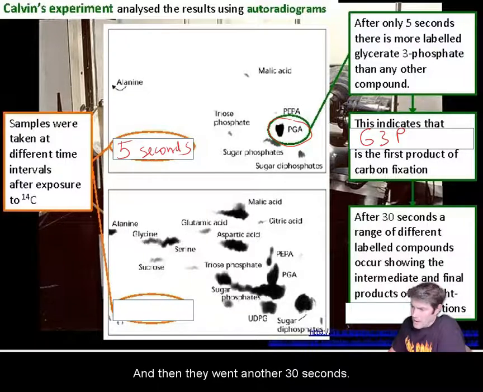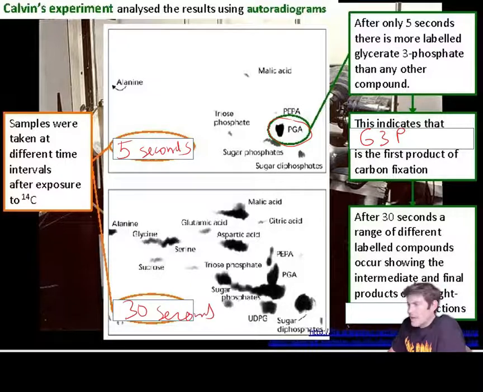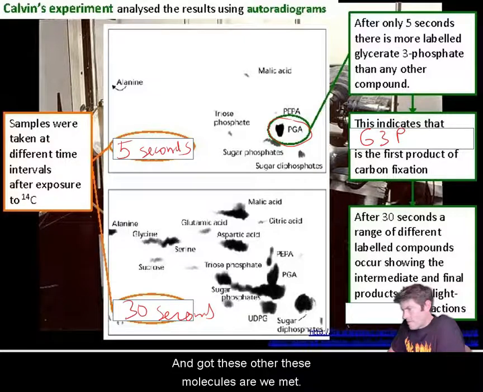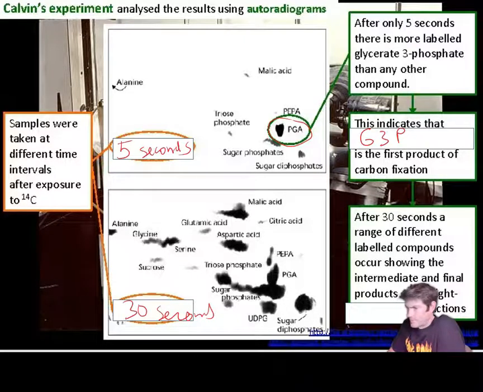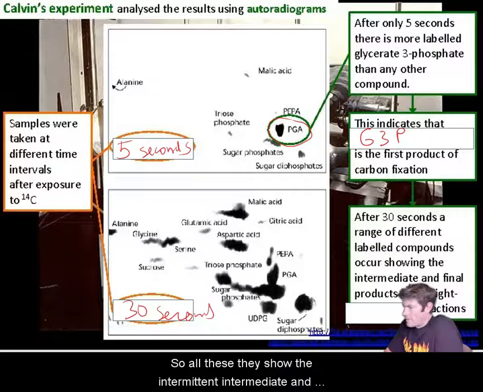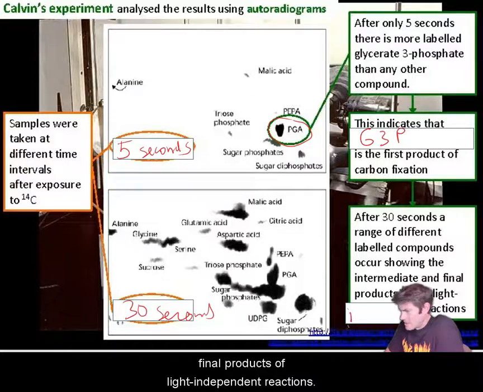And then they went another 30 seconds and got these other molecules that we've mentioned. So all these show the intermediate and final products of the light-independent reactions.